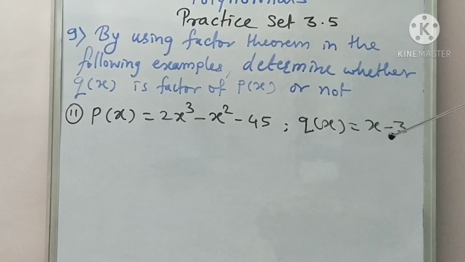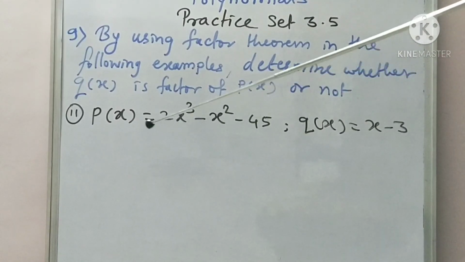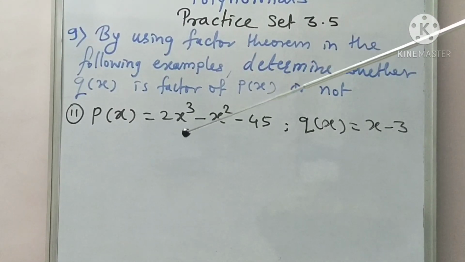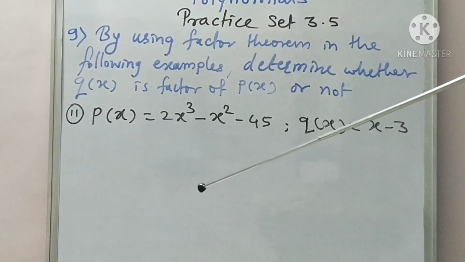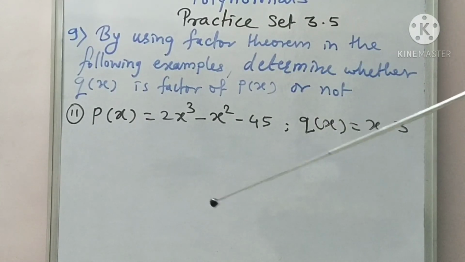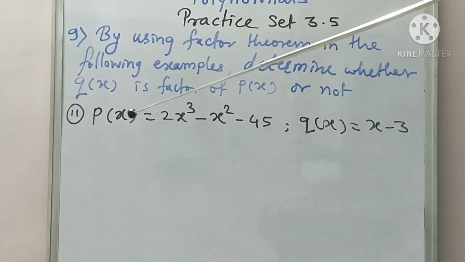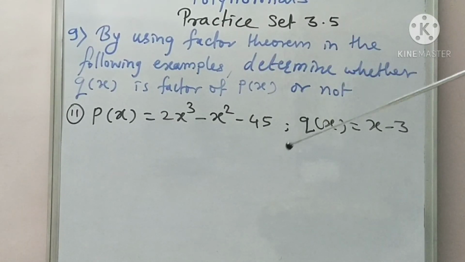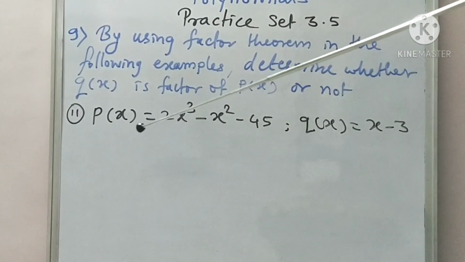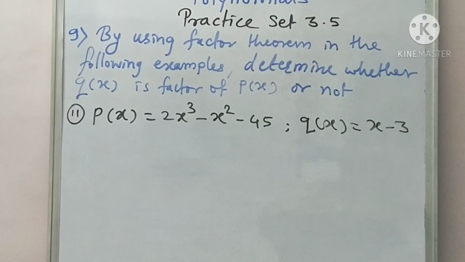Then we put the value of x as 3, and if the value of the polynomial is 0, meaning the remainder is 0, then we say q of x is a factor of p of x, and if it is not 0, then q of x is not a factor of p of x. Okay, so pay attention over here, students.